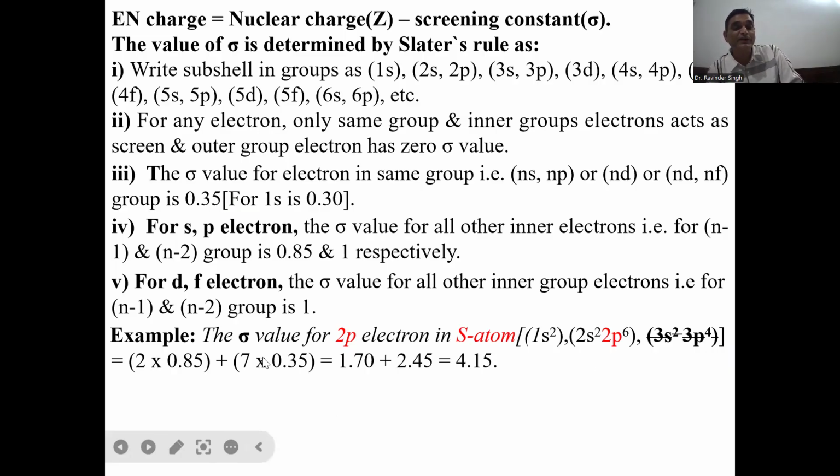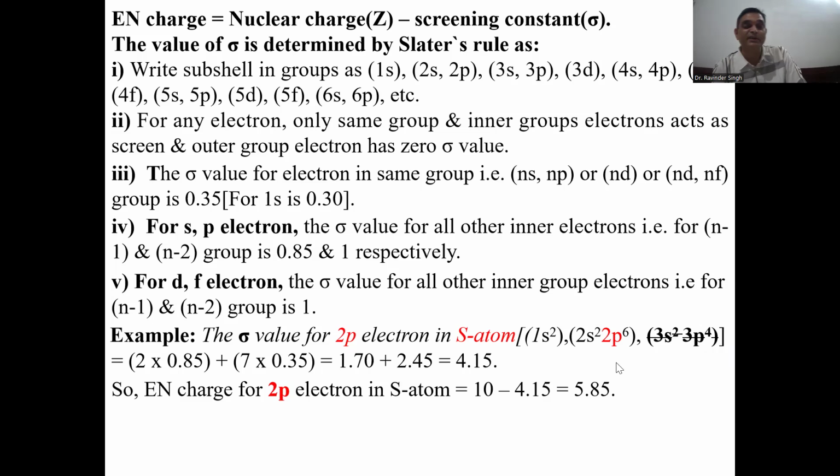So what we have written here, 7 multiplied by 0.35, for just inner to it n-1, because we are here calculating the effective nuclear charge for the 2p electron, और 2p के लिए मीन्स s और p के लिए रूल क्या है, हम n-1 भी देखेंगे, n-2 भी। तो यहाँ पे n-1 हमने देखा, क्योंकि n-1 ही है, दो इलेक्ट्रॉन है, तो 2 मल्टीप्लाइड बाय वैल्यू कितनी होगी n-1 की? 0.85। So the answer here is 4.15 for the screening constant.